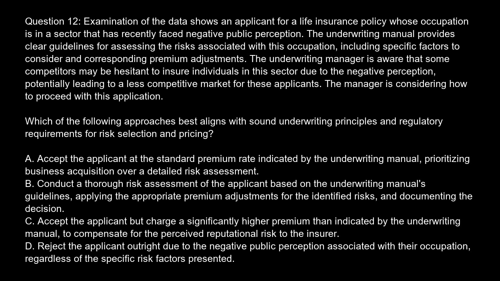Option C. Accept the applicant but charge a significantly higher premium than indicated by the underwriting manual to compensate for the perceived reputational risk to the insurer. Option D. Reject the applicant outright due to the negative public perception associated with their occupation, regardless of the specific risk factors presented.